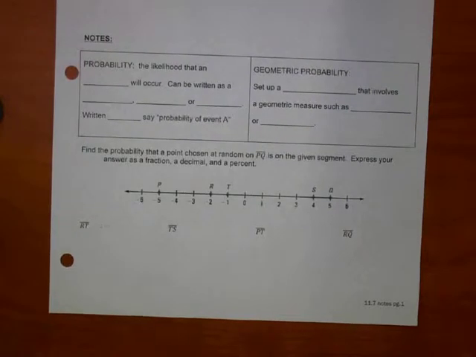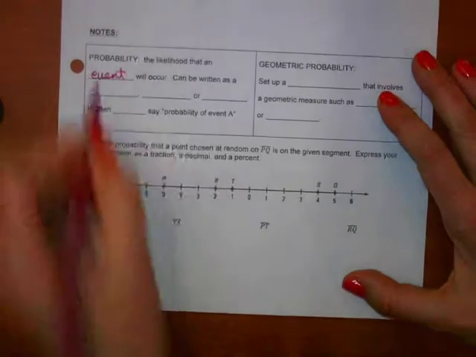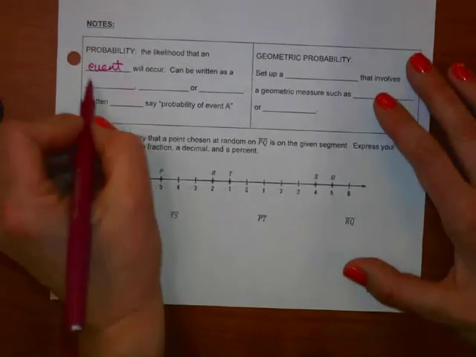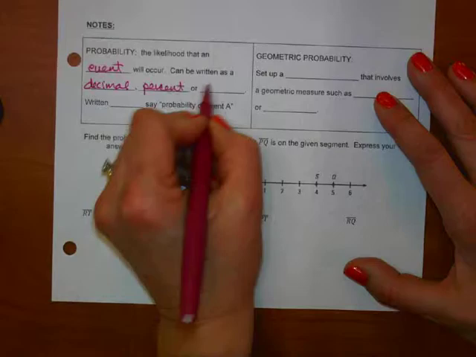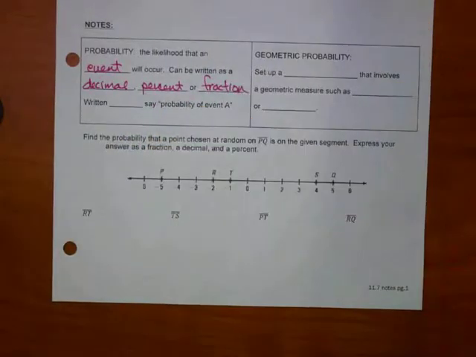Watch. Probability is the likelihood that an event will occur. It can be written as a decimal, a percent, or a fraction, which I'm going to show you on the back side because we'll have a problem on the back.